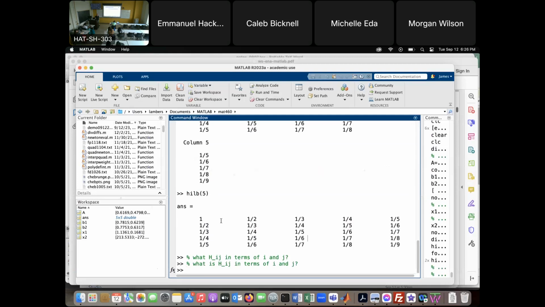The answer I'm looking for is a function of i and j, or an expression involving i and j, where if you plug in row i and column j, it will give you the entry in row i, column j of this matrix. Like I said earlier, if you set i equal to 1, those are all the entries in the first row. So you want an expression that, if i is equal to 1, would give you this when j equals 1, this when j equals 2, this when j is equal to 3, and so on.